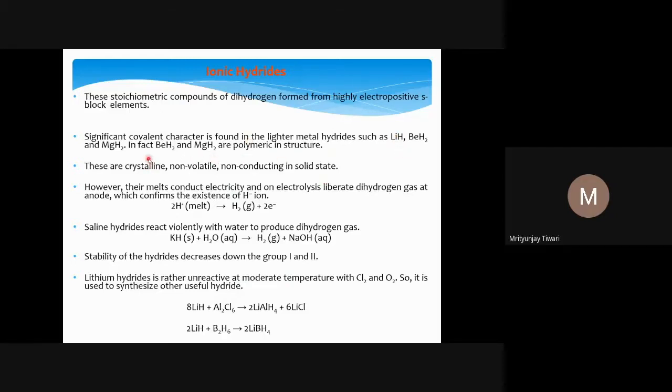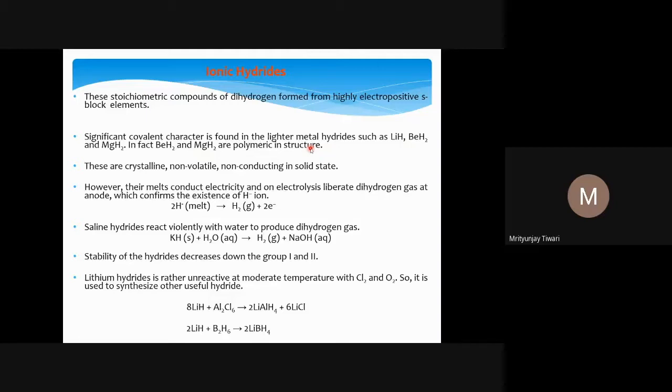In fact, if you look at BeH2 and MgH2, beryllium hydride and magnesium hydride, they are polymeric in structure. One property of covalent compounds is that they can be polymeric. All the polymers that you see, whether in nature or man-made like polythene and others, have covalent bonds between the different monomers.